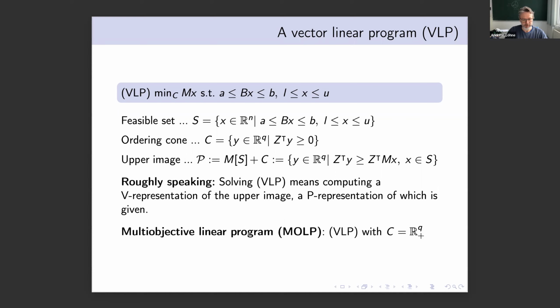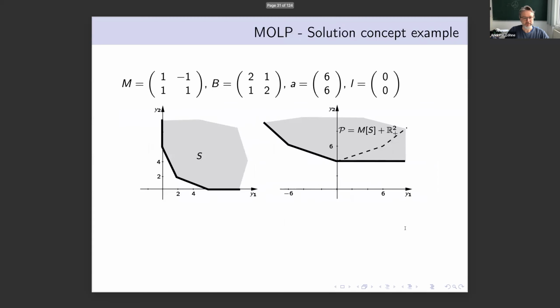So as I said, multiple objective, MO, means the standard ordering cone. So here is an illustration of what the solution concept means. I don't want to give a formal definition, just the idea here. We use this data for our problem, and S is the feasible set here.